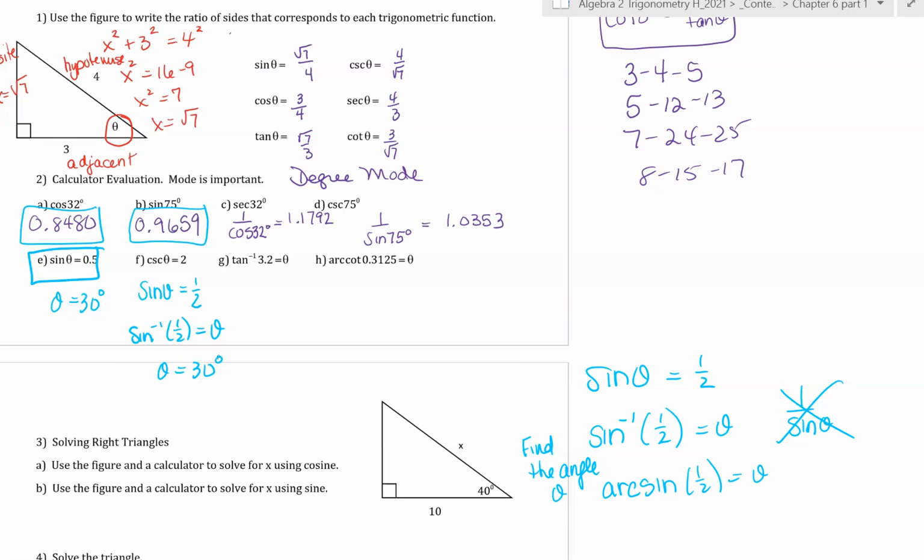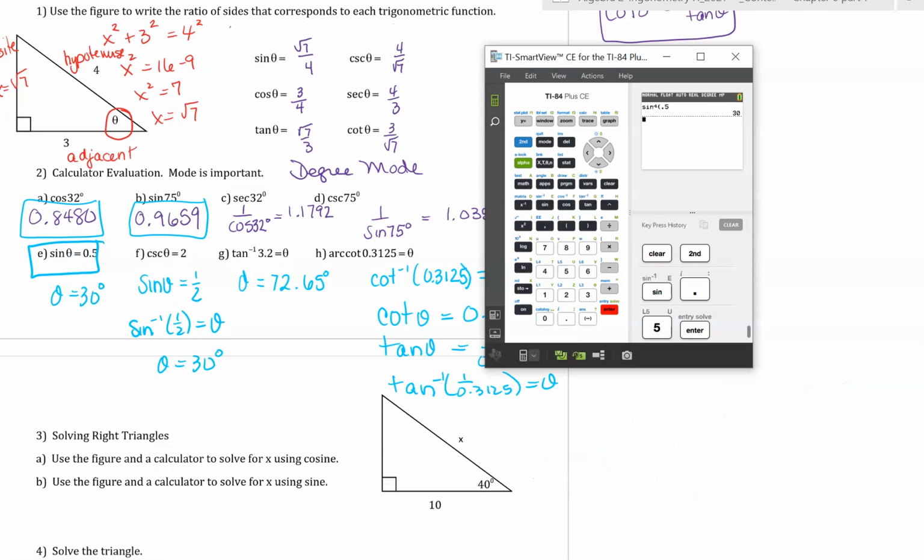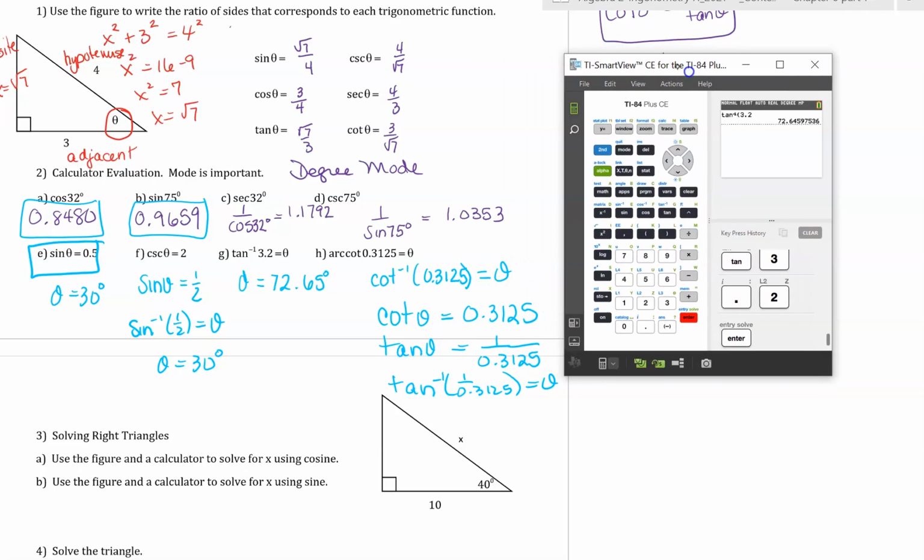So go ahead and pause the video and try G and H. All right, so if I want to find part G, I would say inverse tangent. Again, I'm looking for an angle, so I hit the inverse tangent button of 3.2, and that would be 72.65 degrees. We'll keep 2 decimal places for an angle. Notice H is a little tricky because it says arc, but again, arc is the same thing as saying inverse cotangent.